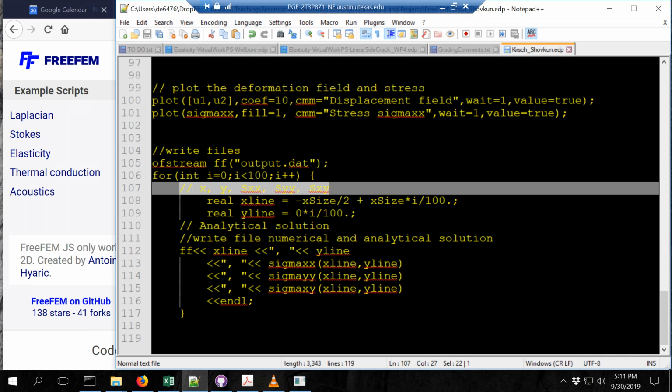So you see, I'm telling it to start here, and then it goes a distance equal to the size of the domain up to there.